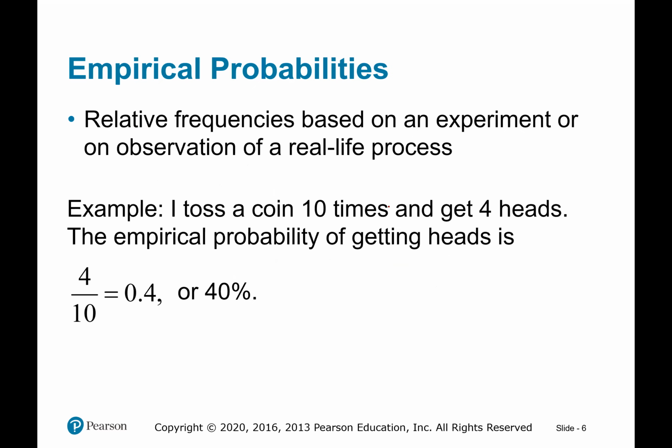Okay, so what about empirical? Empirical is the real-life one. Like if I toss the coin only 10 times, and I get only 4 heads after tossing 10 times, then the empirical probability of getting heads is 4 out of 10, which is 0.4 or 40%, right?